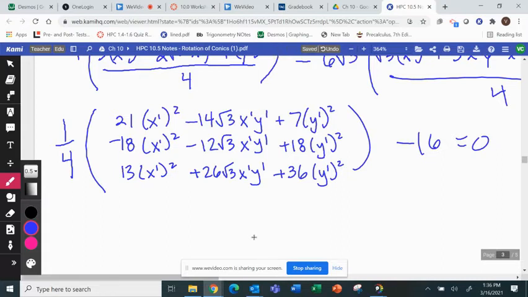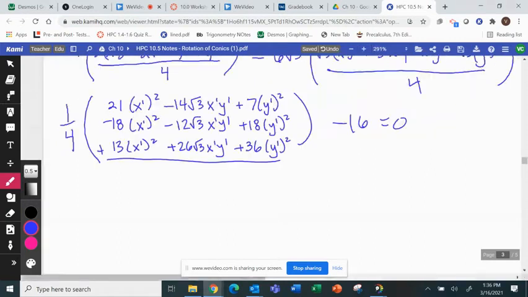So I'm going to collect those like terms. I'm just going to add them vertically so I don't make any silly mistakes. So I'm going to get 1/4. And I add those up and I get 16 x prime squared. When I add up my x prime y primes, I get 0.